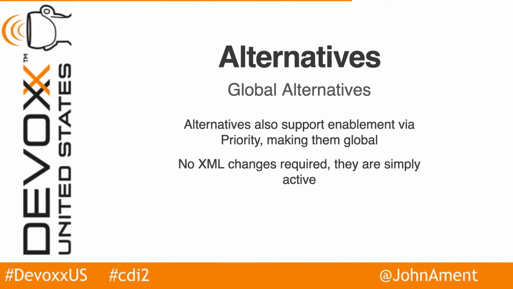To fix that, we introduced the notion of global alternatives, the ability to specify a priority annotation at the class level to say that this alternative always takes precedence over any other bean that might be in the deployment. This overrode what was in your beans XML, and as a result you could use this at runtime and not have to worry about differences in behavior in your jar files, your war file, your ear files.